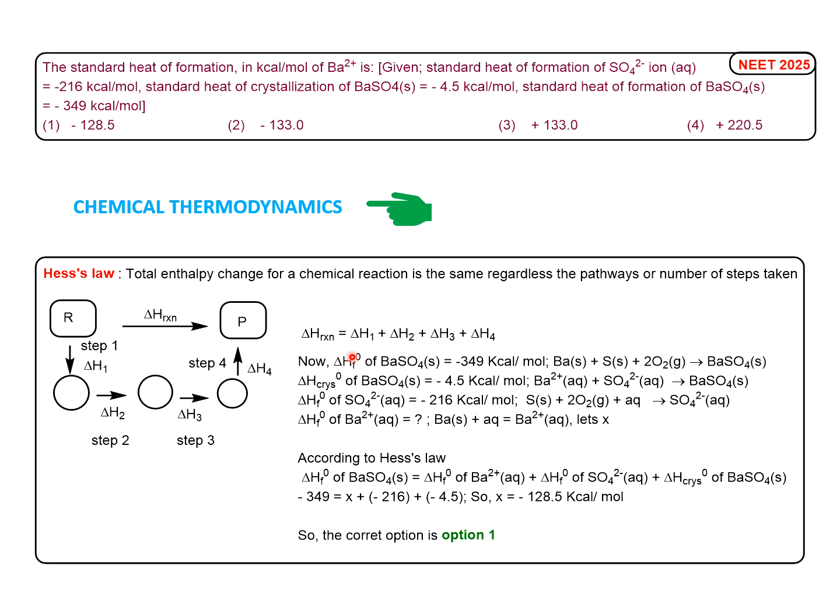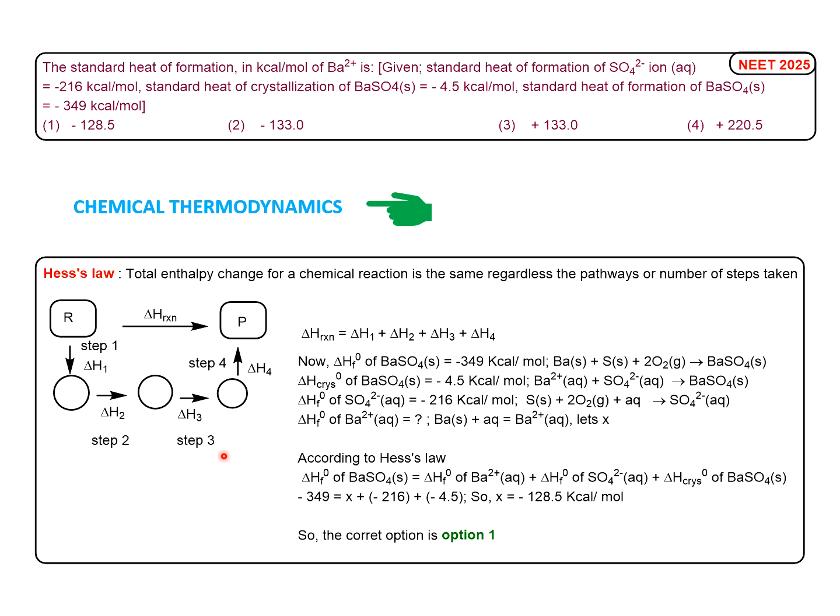Now, delta HF0 for BaSO4 solid is given as minus 349 kilocalorie per mole, from barium solid plus sulfur solid plus 2O2 gas producing barium sulfate solid.